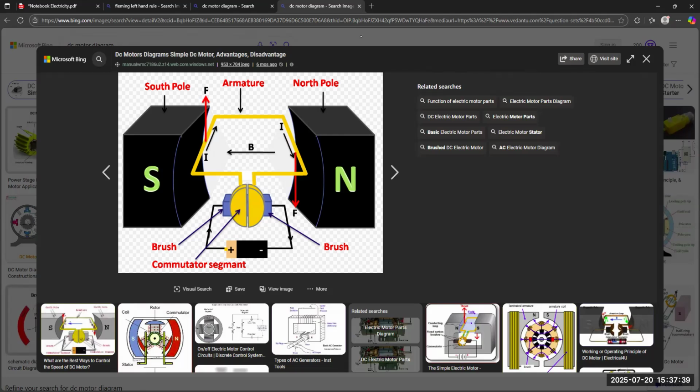Now in this diagram, you can see the names of the components are already given. North pole, south pole, armature, brush, commutator, segment. So that ring is actually called the commutator. And if we talk about the concept of this DC motor, like how it works and how it rotates, first let's see the working, and then we will write the description with it.